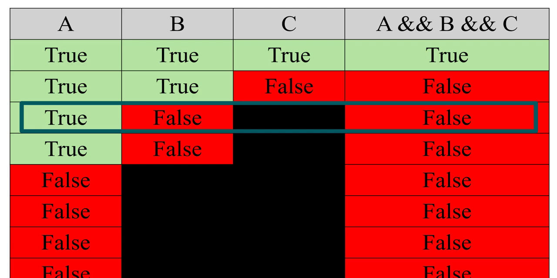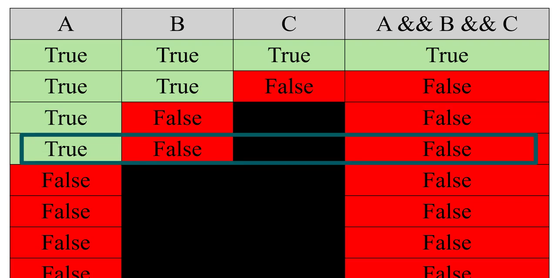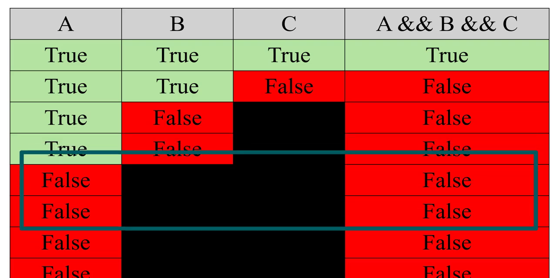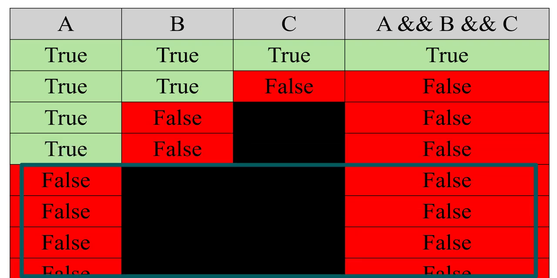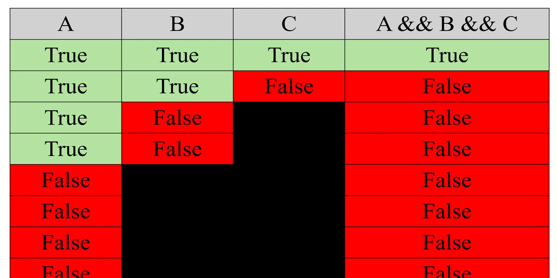As a short circuit operation, the compiler is not going to continue to execute the rest of the conditions because it has enough information. Regardless of the value of the C condition, it doesn't matter, the output will always be false. The same is true for the fourth line. When you go to the fifth, sixth, seventh, and eighth lines, the second the compiler gets a false result, it's not going to finish executing because it has enough information to get to the end result. And this will improve the efficiency of your code because this table would look more like this.